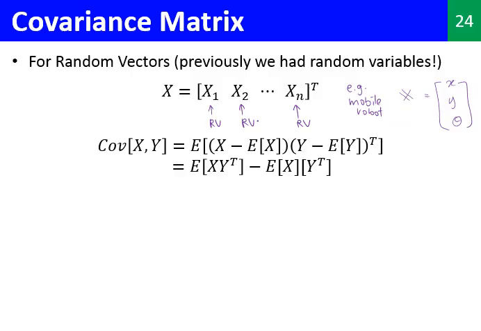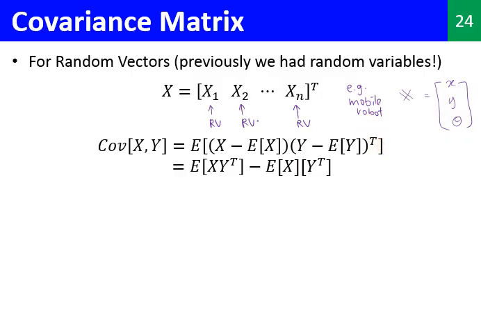Now the covariance between such two random vectors will become a matrix, which we call the covariance matrix. The expression for covariance is again similar to the previous one, but here we are dealing with random vectors, and that is why we have a transpose here.